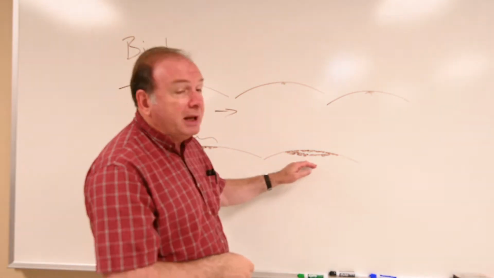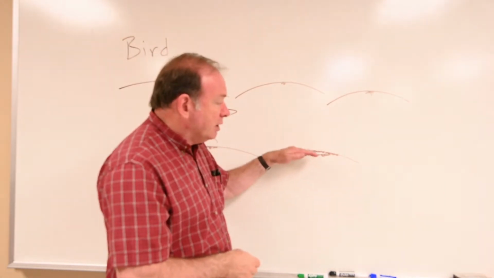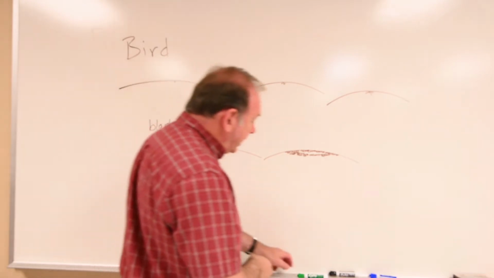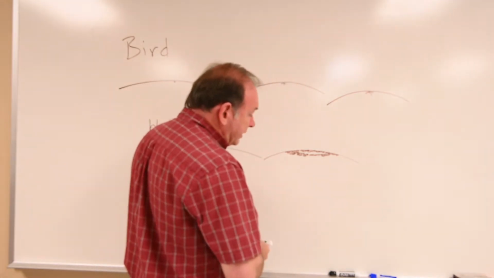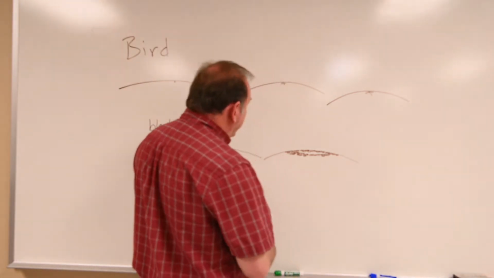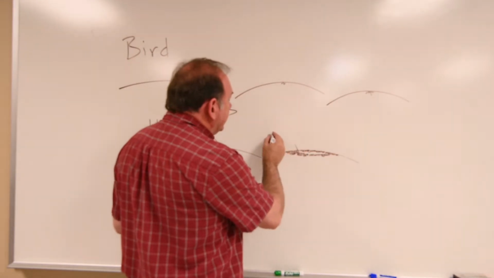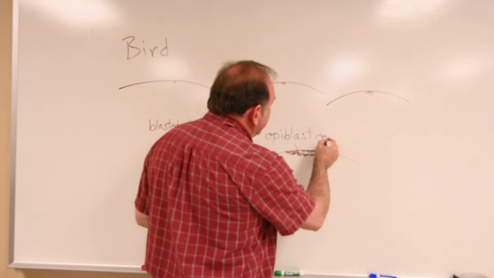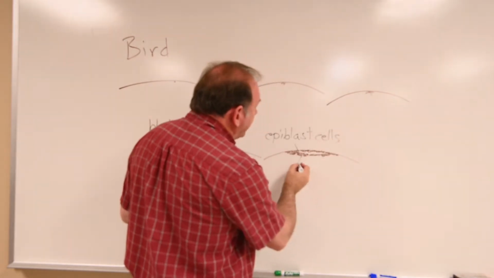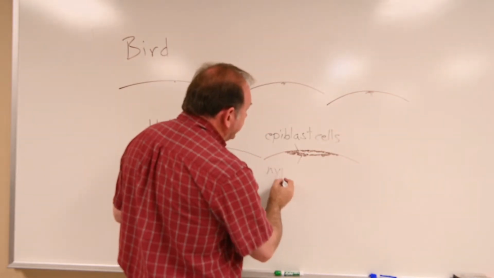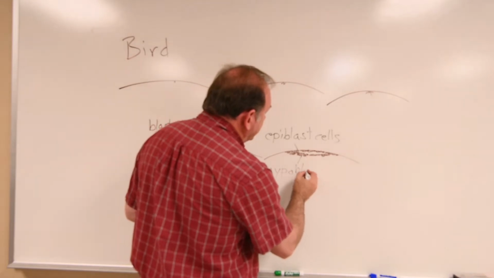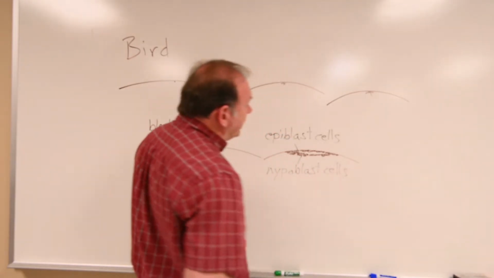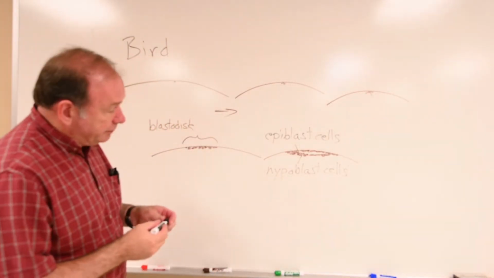So this would be the beginning of a blastula stage, where we have a cavity in between a layer of epiblast cells and hypoblast cells. So those above are epiblasts. Those below are hypoblast cells. A two-layered embryo.